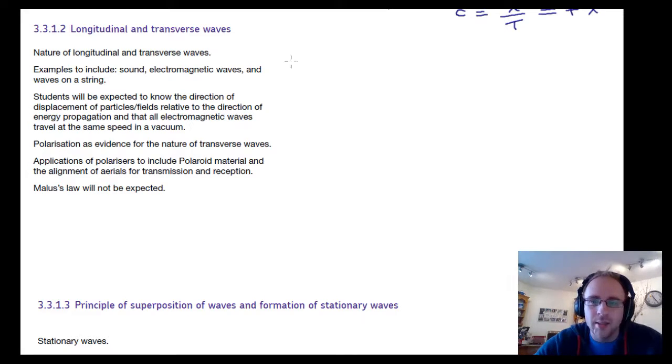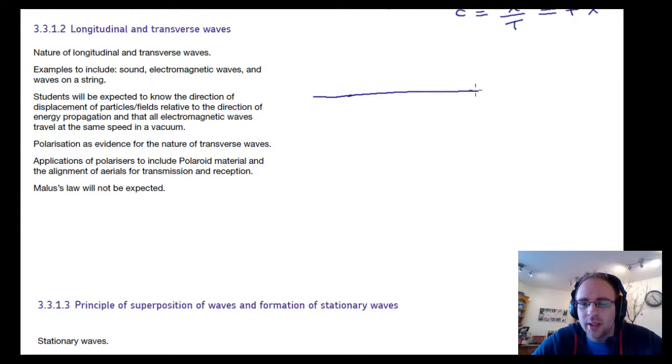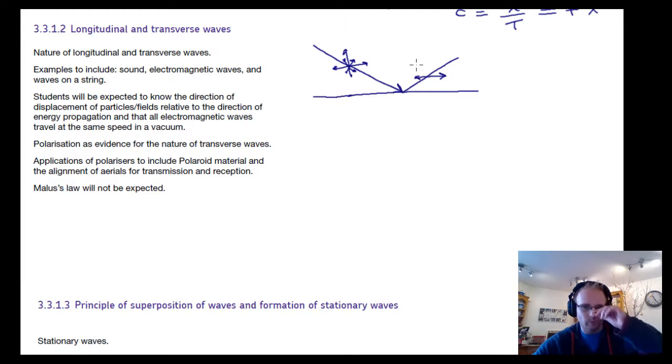Let's imagine we're fishing and there's a very still lake, and sunlight is incident on the lake. Now sunlight has planes of polarization in all directions, but when you reflect light off a plane surface, it comes off polarized in the same direction as the surface.